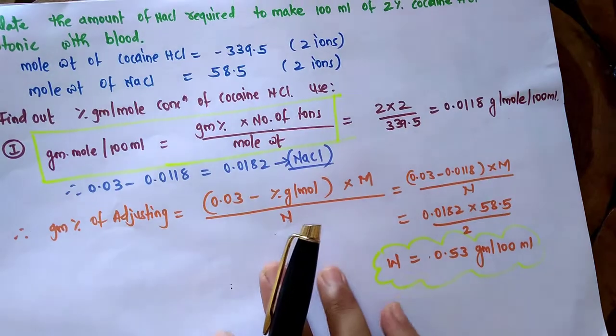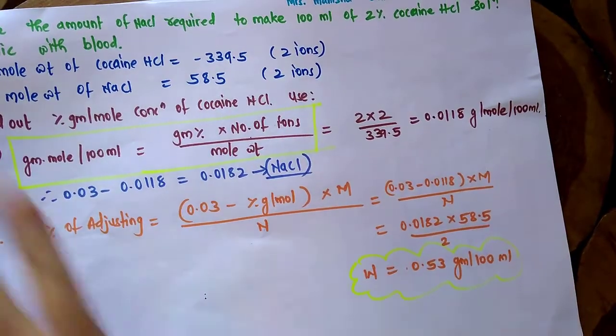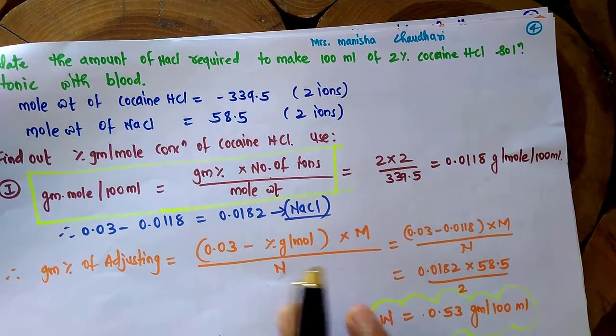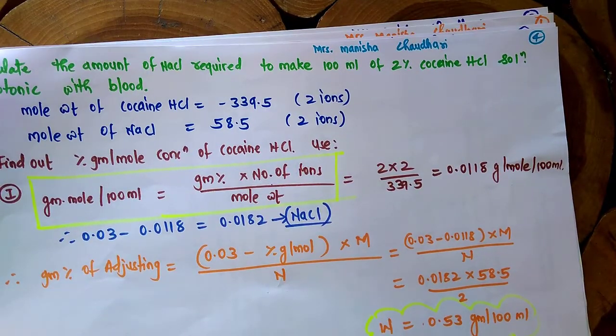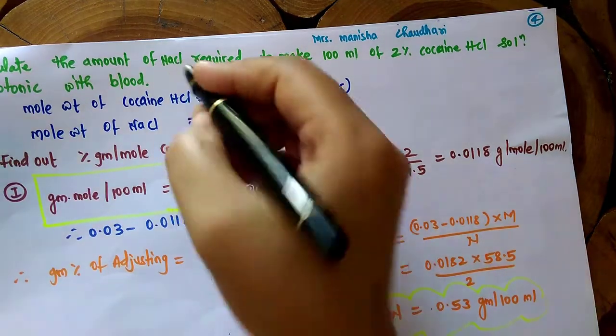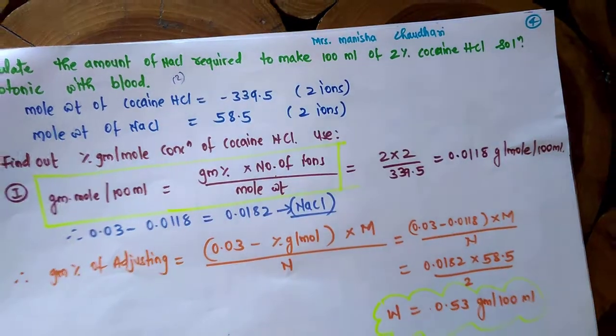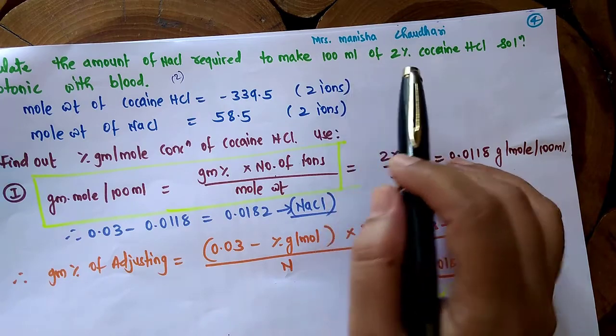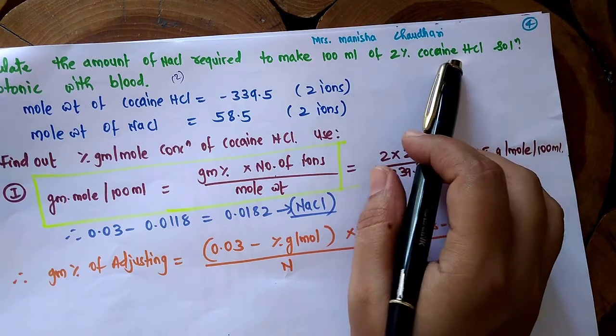We will see. So the question is, calculate the amount of NaCl required. Now again see here, NaCl is again ionizing, so it will dissociate into 2 ions. You are supposed to calculate for 100 ml and 2% strength is given.